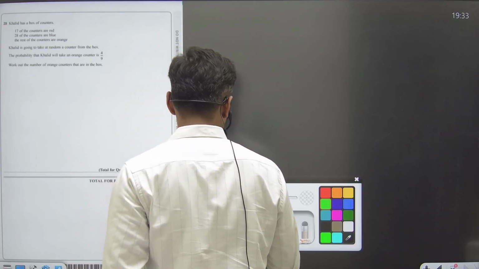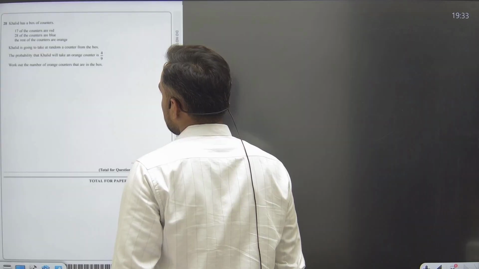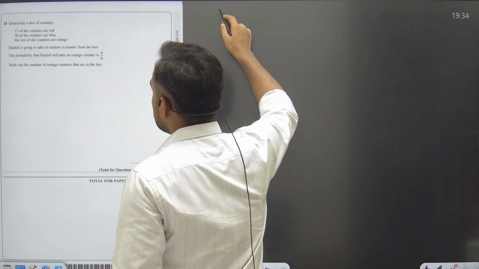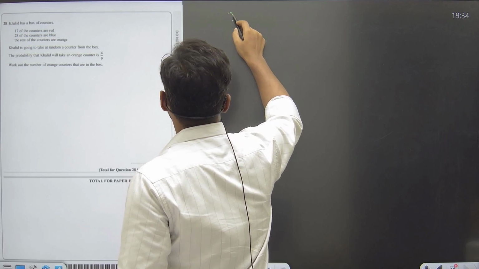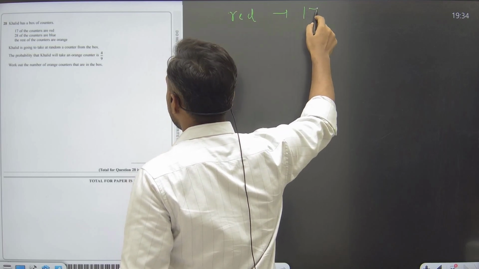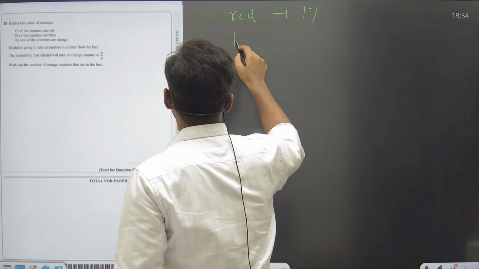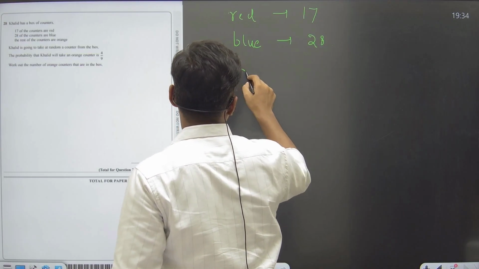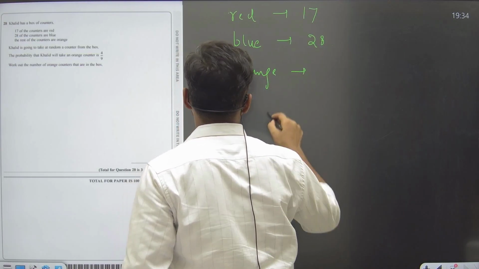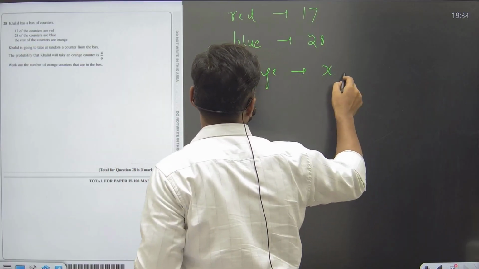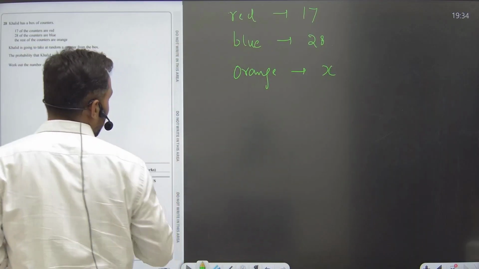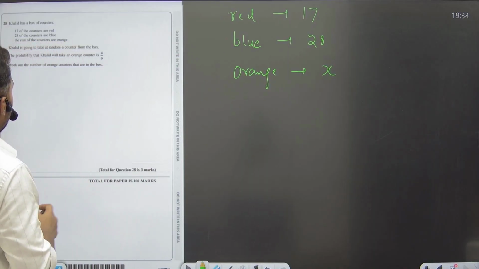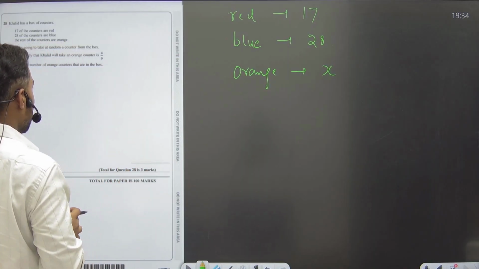So let's suppose for red 17 counters are there, for blue 28 counters are there, for orange we don't know, so let's suppose it as x. It means x number of counters are orange in color.